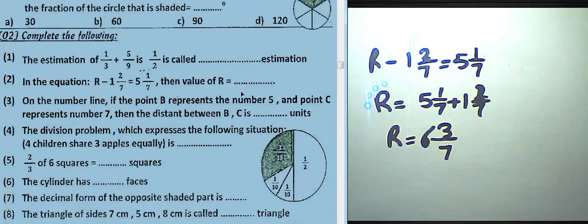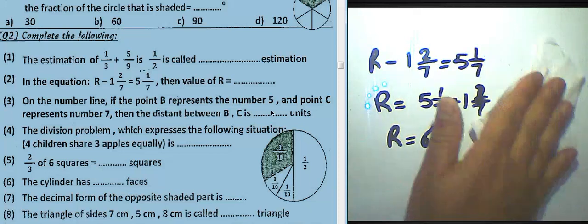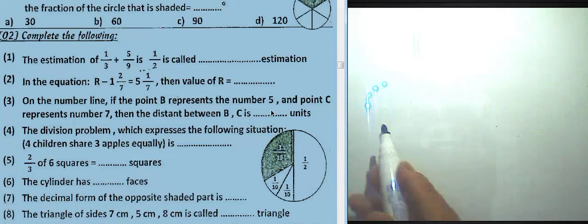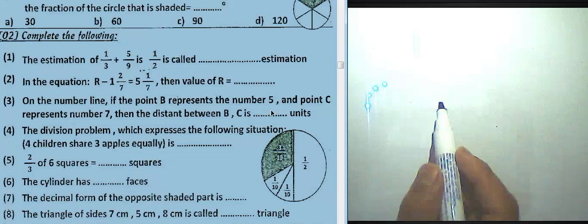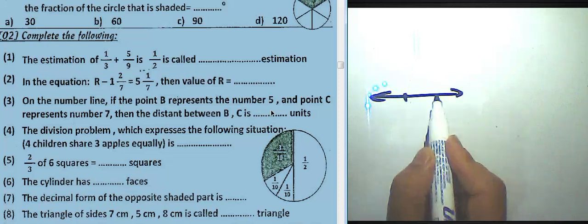Write this number. Question number 3. In the number line, if the point B represents the number 5 and point C represents the number 7, then we can find the distance between B and C by finding the difference between the absolute values of the first and second, or you can draw a number line here.